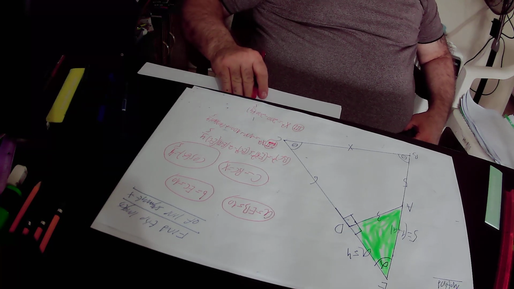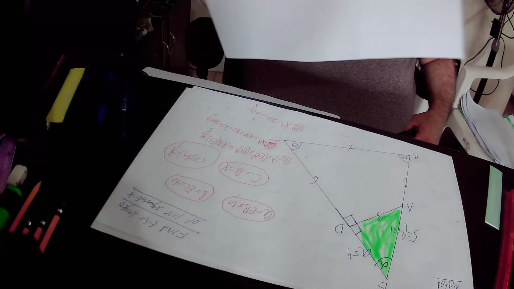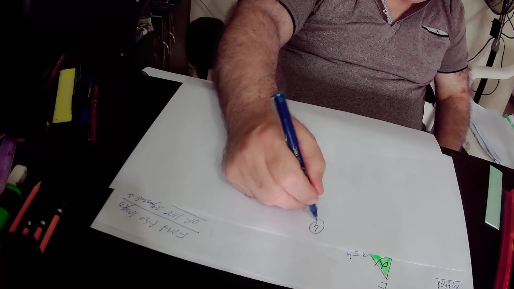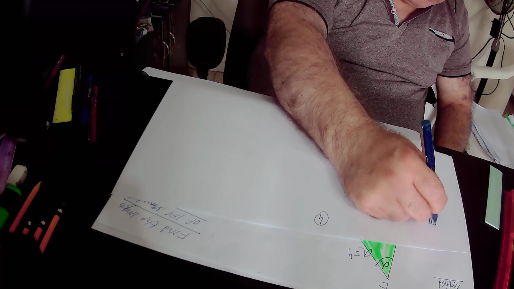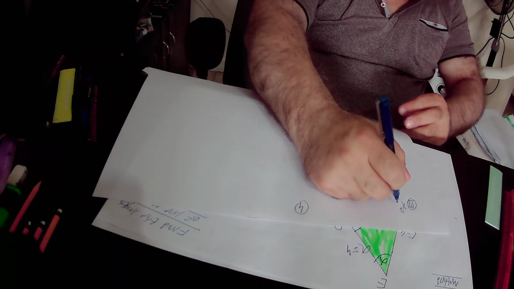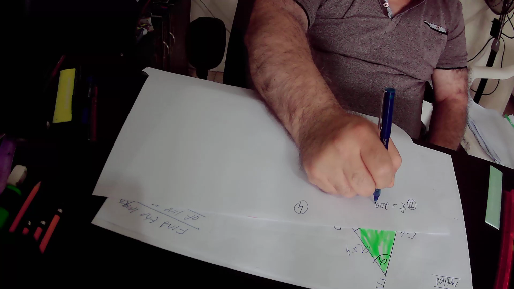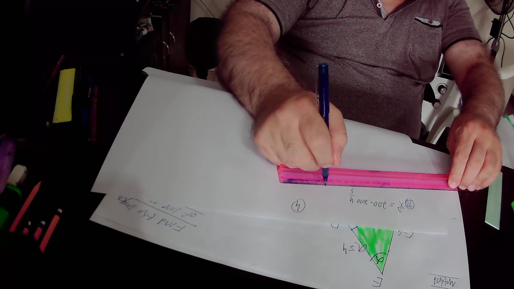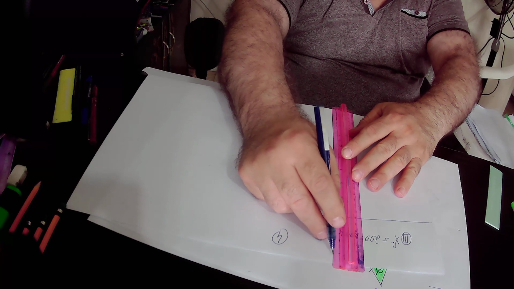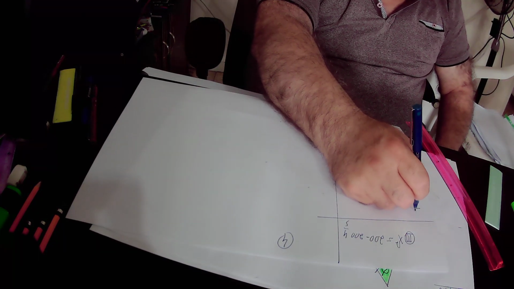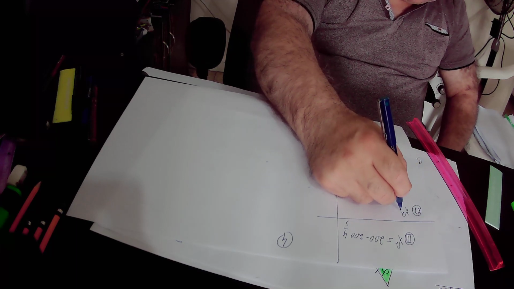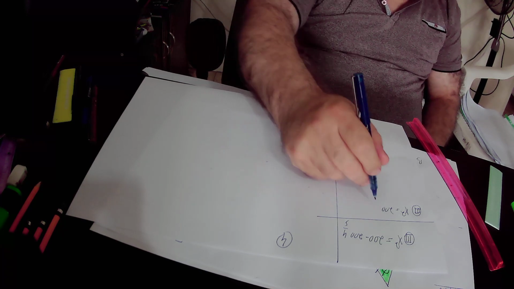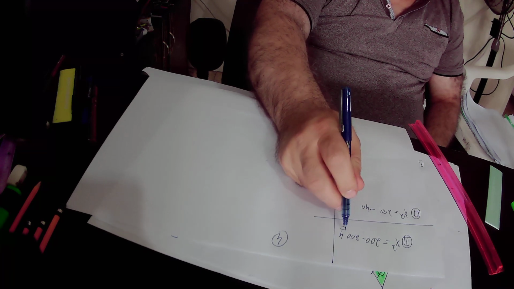So actually, according to equation number 3, we found out that X squared equals 200 minus 200 times 4 over 5. Here we have minus 200 over 5, which is minus 40, and we have to multiply it by 4, of course.